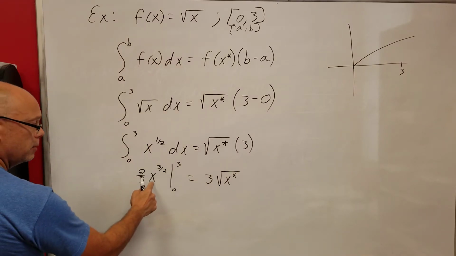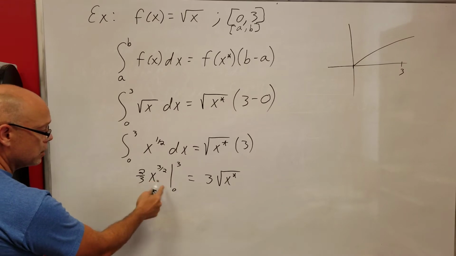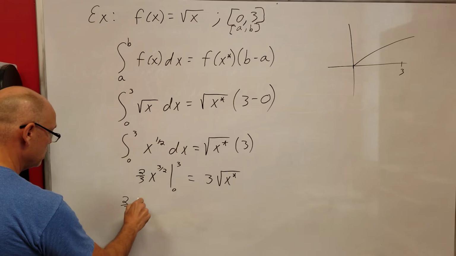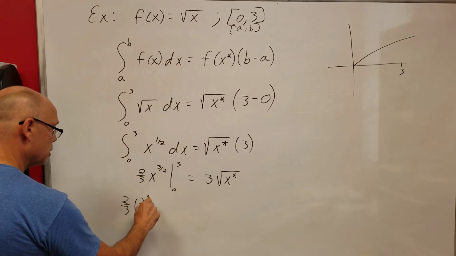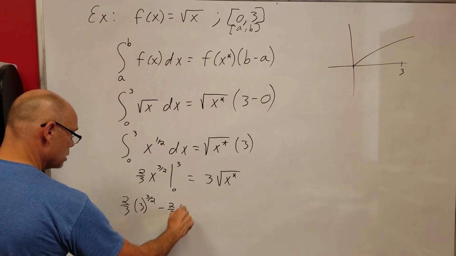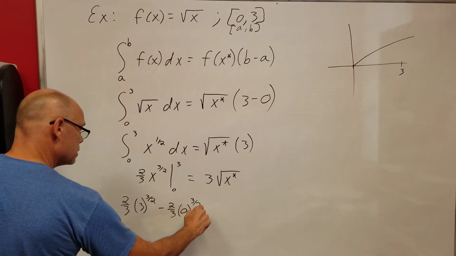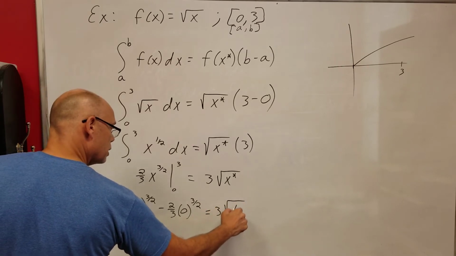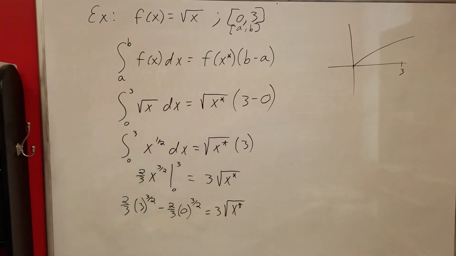So now let's evaluate this antiderivative at 3 and subtract it evaluated at 0. So that's 2/3 times 3 to the 3/2 minus 2/3 times 0 to the 3/2 is equal to 3 times the square root of x star.